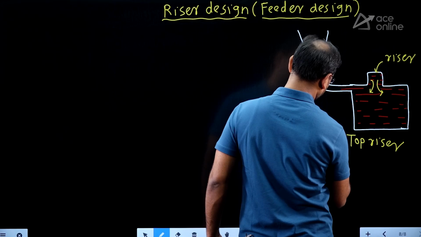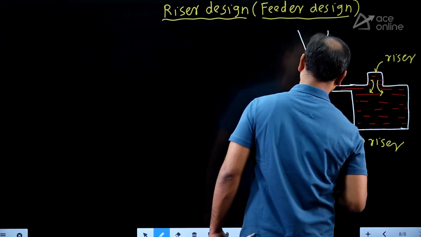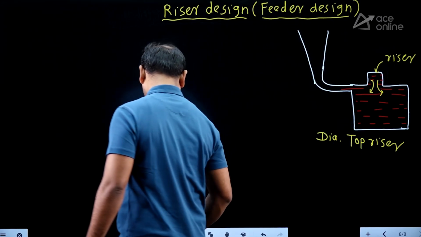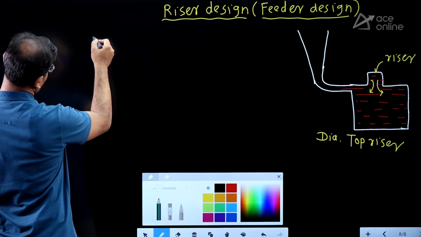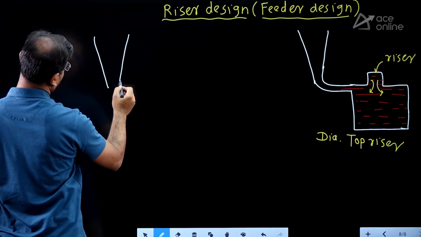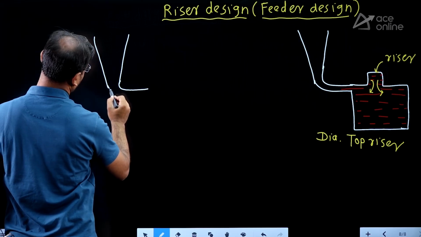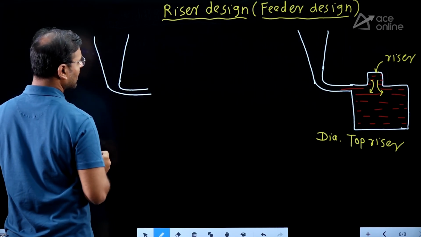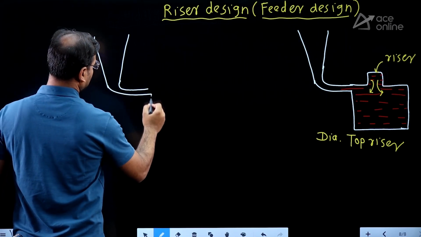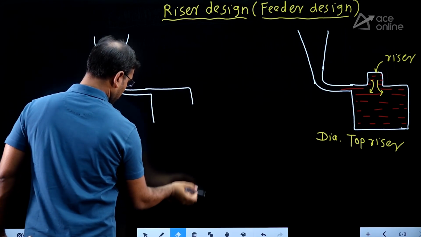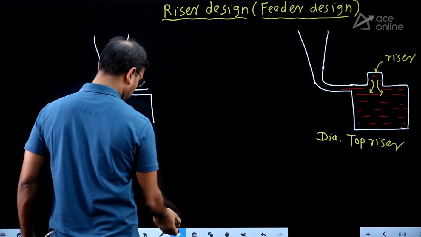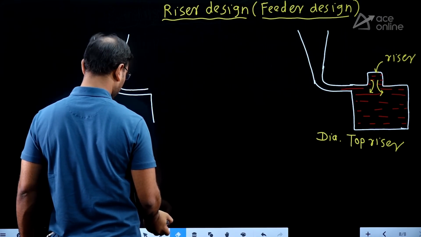And next is the diagram for the side riser that I am drawing here. I can show two types of diagram of the side riser here.